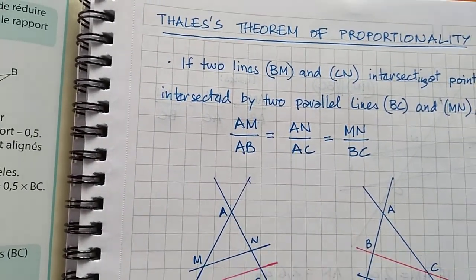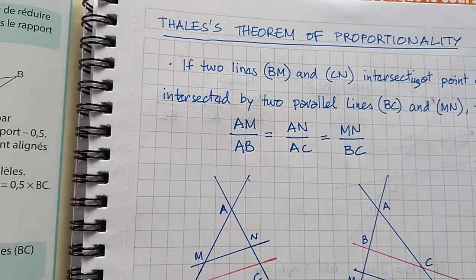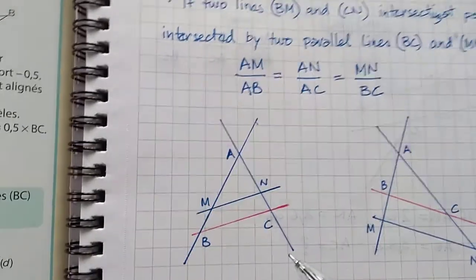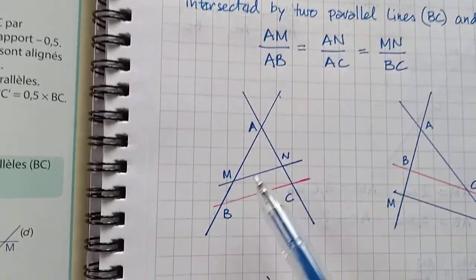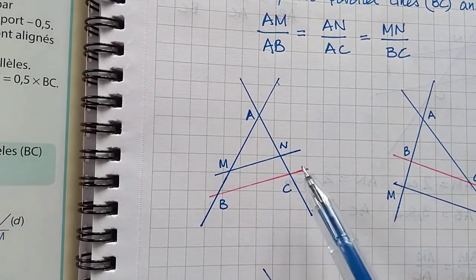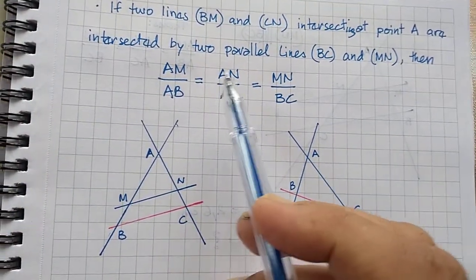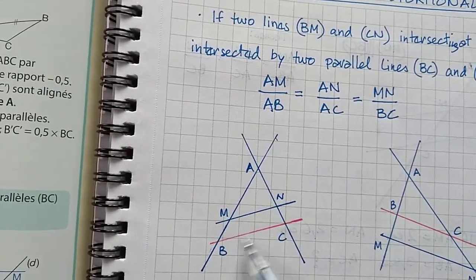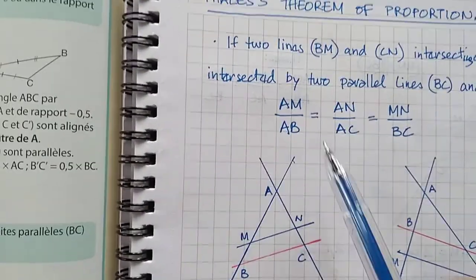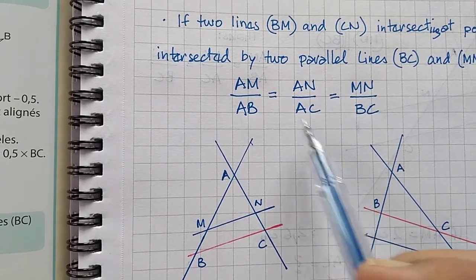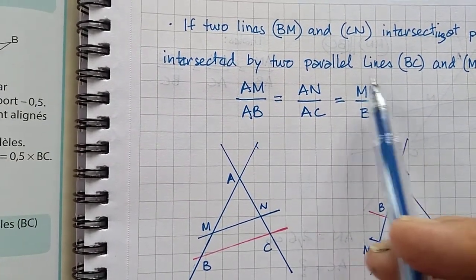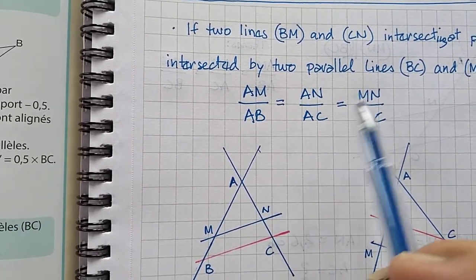So basically, if you have two lines like this which intersect, that means which are not parallel, any two lines, and they are intersected by two parallel lines, then this is the théorème de Thales. It says that these ratios are all equal.